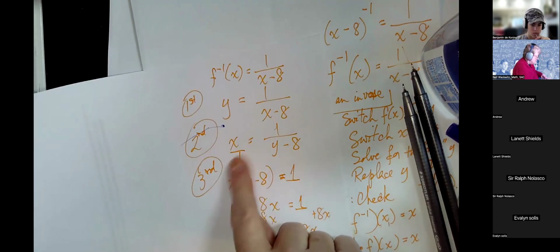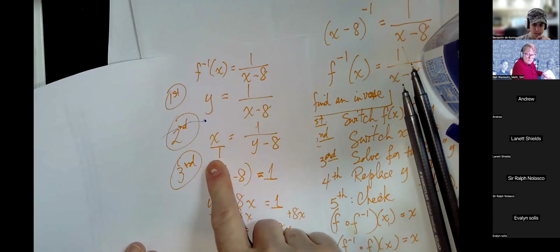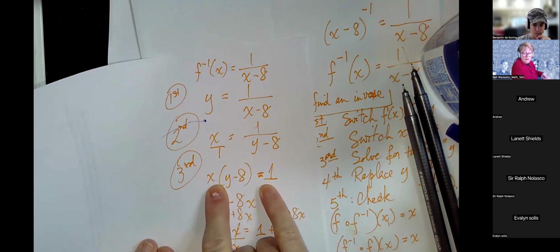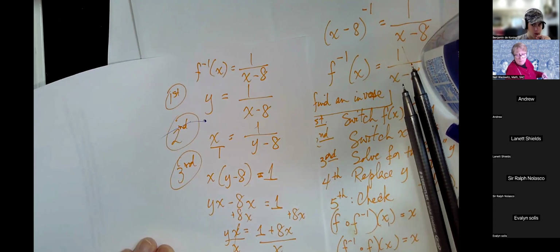What, are we at this step? The one below it, the third. Okay, so can you repeat your question? Why would you multiply x to y minus 8 instead of dividing it on both sides?